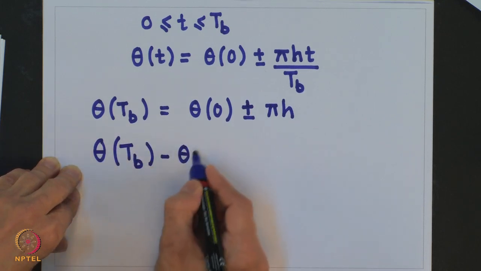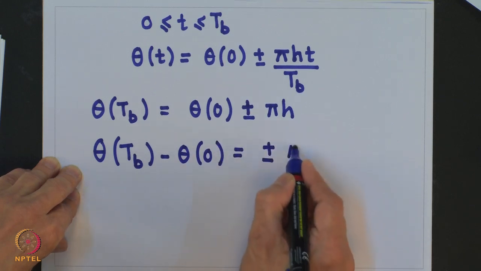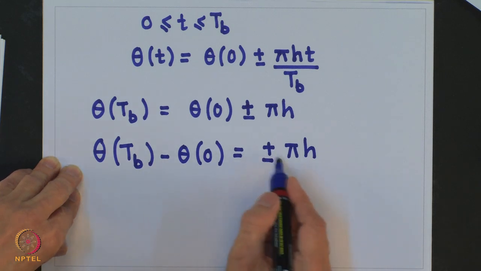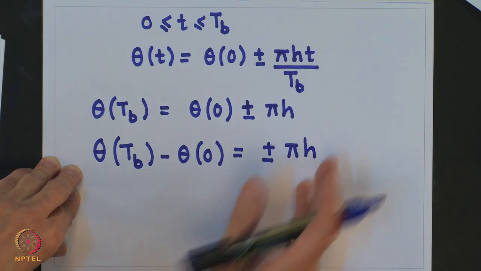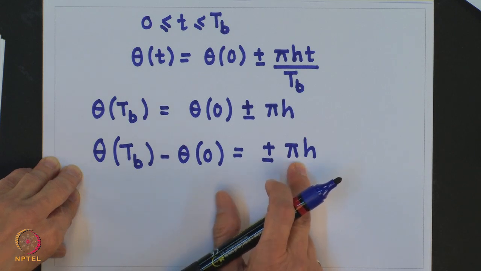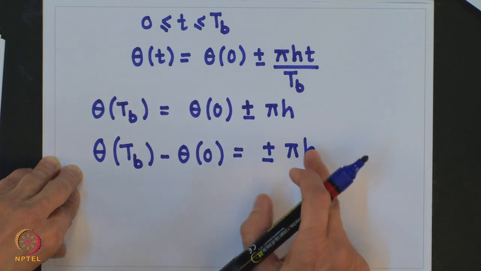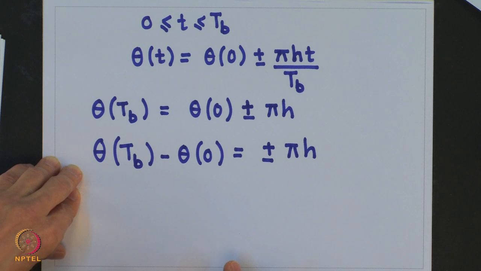or theta(Tb) minus theta 0 is equal to plus minus pi h. So, this will be equal to plus pi h, which means that the phase will increase for the transmission of symbol 1, and it will be minus pi h, which means that the phase will decrease for the transmission of symbol 0.